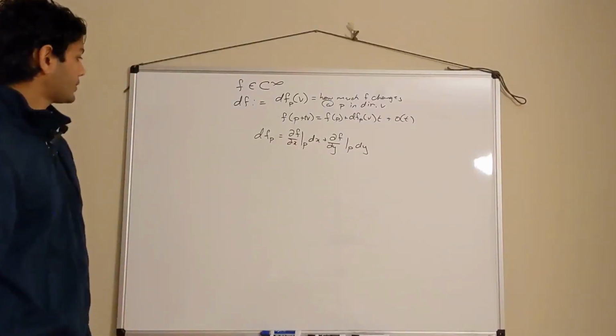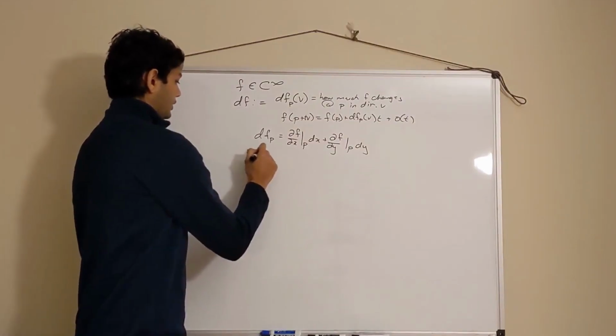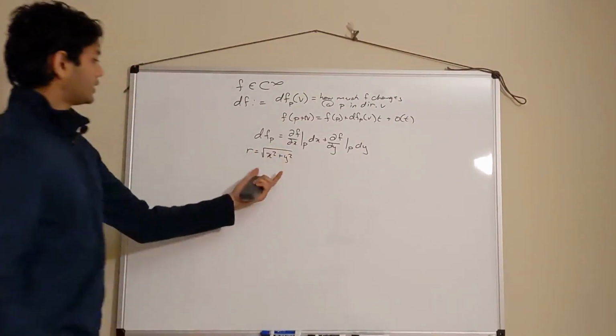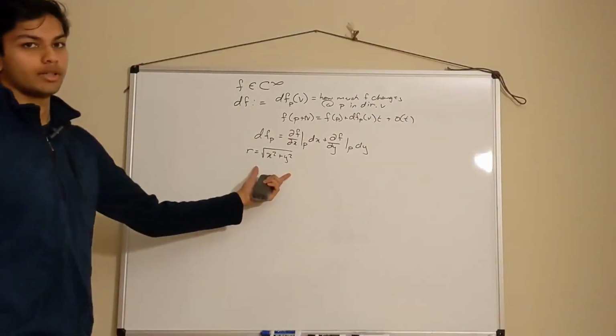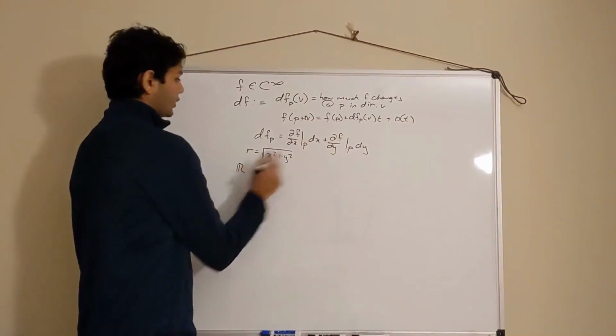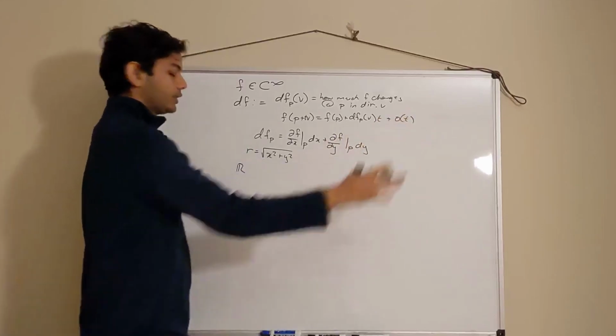If that seemed a bit too abstract for you, let's just go through an explicit example. Let's say that we have the function r equal to the square root of x squared plus y squared. This function r obviously measures the distance from the origin in R2. Also this expression is only for R2; you'll have to add a dz term for 3 dimensions and so on.